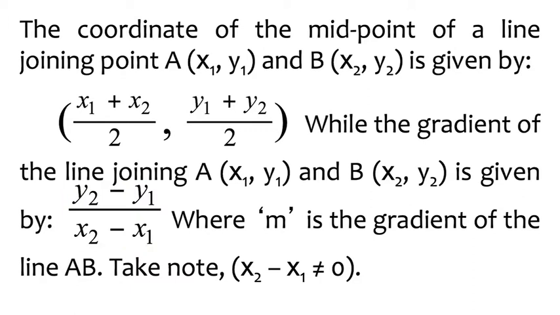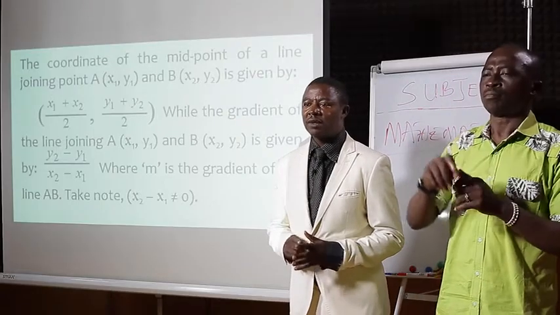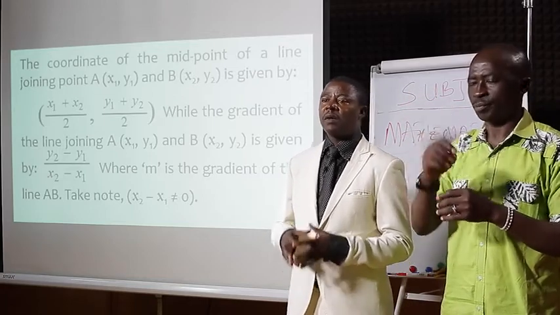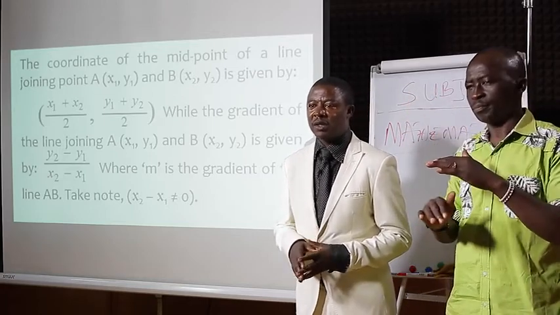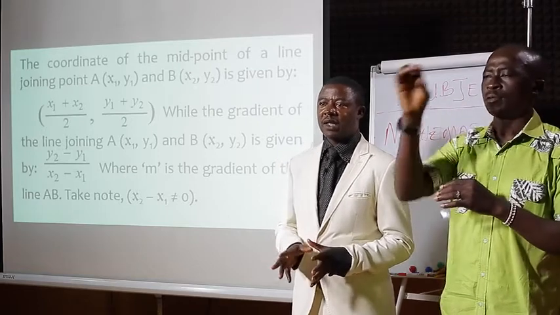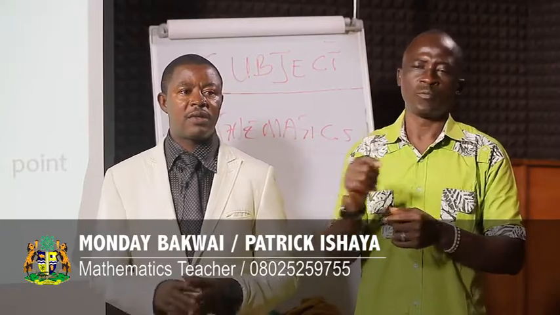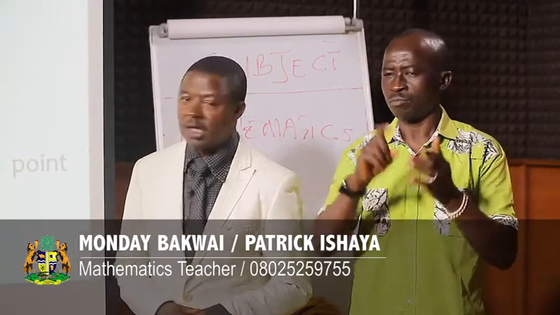And students, take note, x2 minus x1 must not be 0, because when the denominator of a fraction is 0, the fraction is undefined. Therefore, our x2 minus x1 must not be equal to 0.